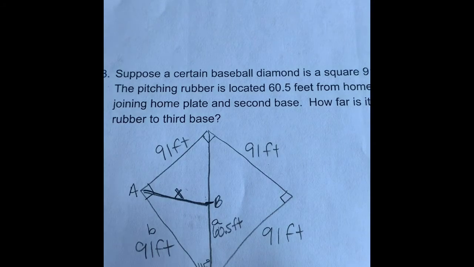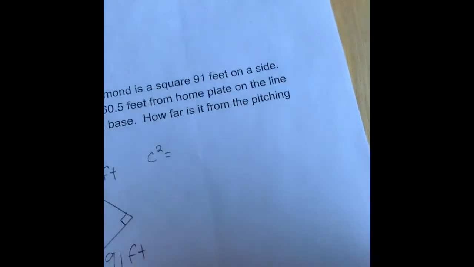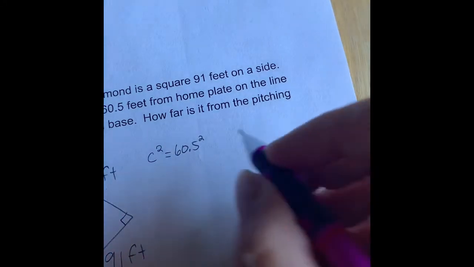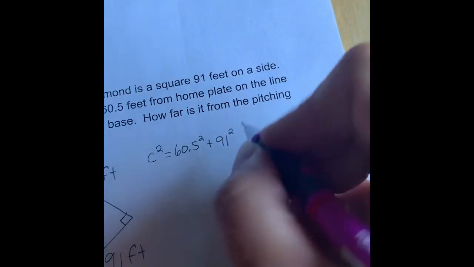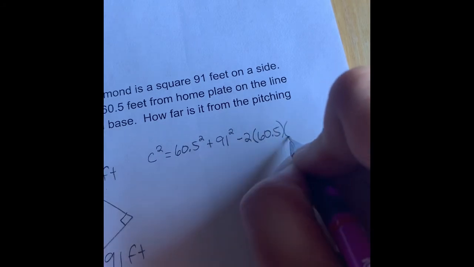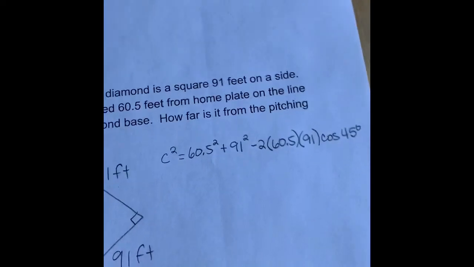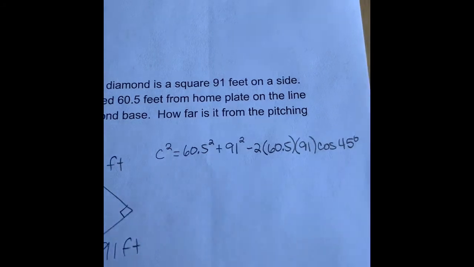This would be B. We're looking for C, and we know angle C. So using the law of cosines that starts with your C, you would have C squared equals A squared, which is 60.5, so 60.5 squared, plus B squared, which is 91 squared, minus 2 times A times B cosine angle C. So we have all of our information. And remember, with these, we can just plug those directly into the calculator.